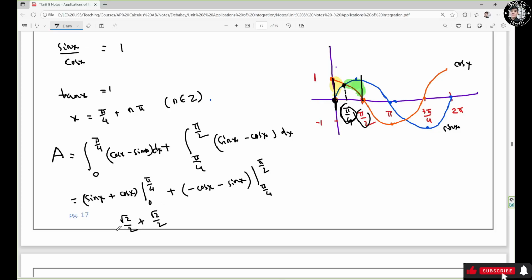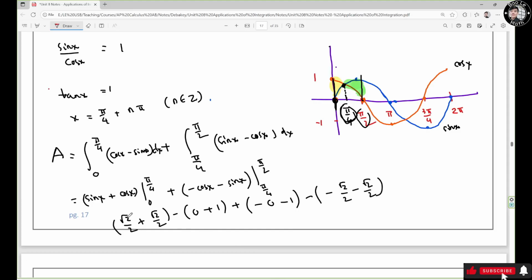Now substitute 0 for s: sine of 0 is 0, and cosine of 0 is 1. Now this one right here plus negative cosine pi over 2, which equals 0, and sine pi over 2 equals 1, minus 1. Subtract pi over 4: cosine pi over 4 equals root 2 over 2, so it's negative root 2 over 2, and sine pi over 4 equals root 2 over 2, so it's negative root 2 over 2.